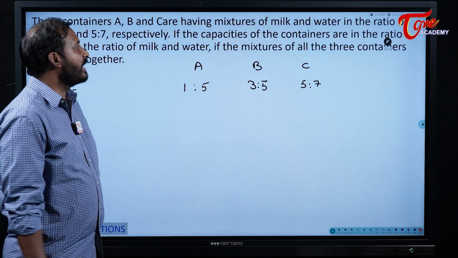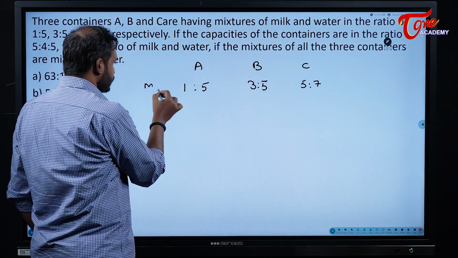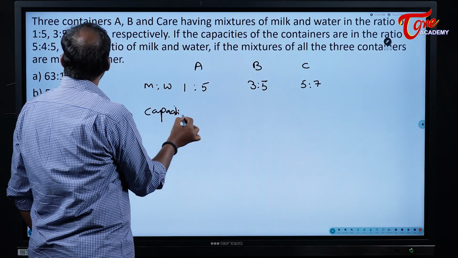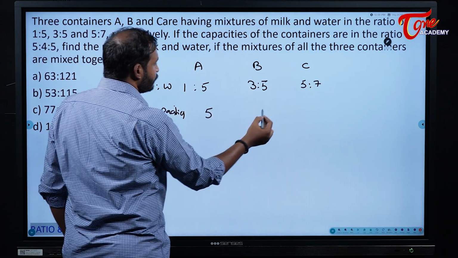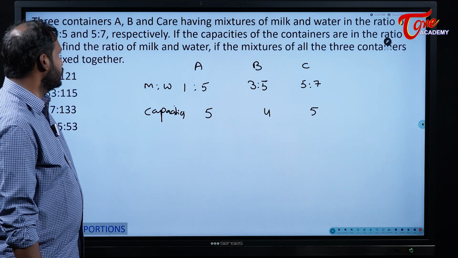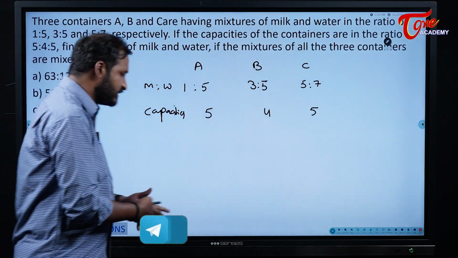This is the milk and water ratio. And when it comes to the capacities, their capacities are in what ratio? 5:4:5. Their capacities are in the ratio of 5:4:5. Find the ratio of milk and water if the mixtures of all these containers are mixed together.